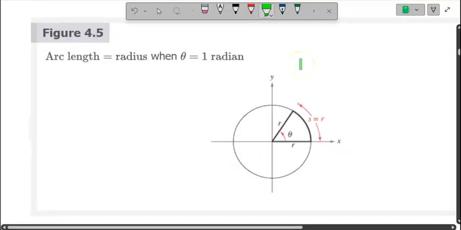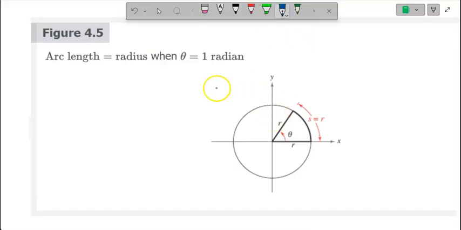All right, so here we come to the measurement of an angle, and this is 1 radian. So what is 1 radian?